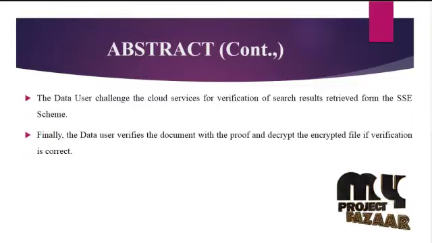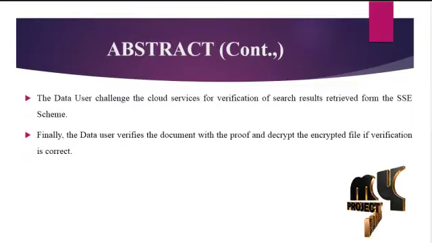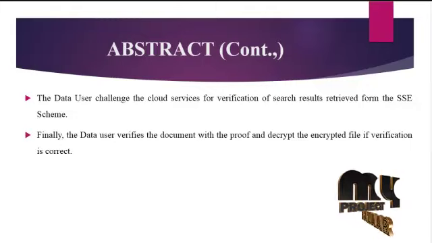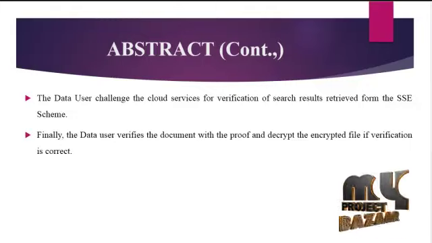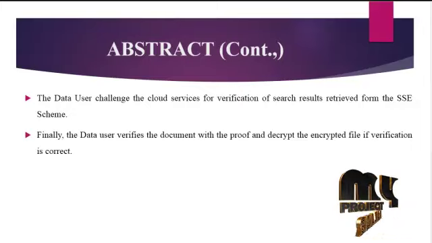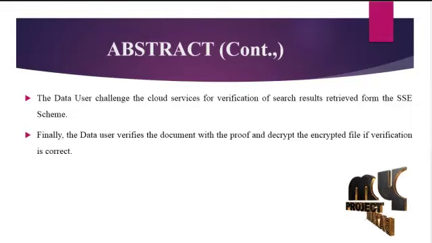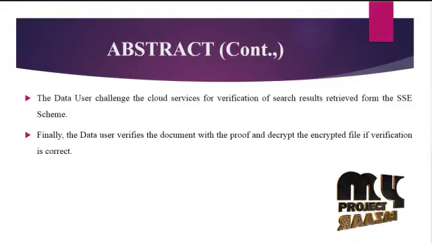The data user challenges the cloud services for verification of the search result retrieved from the SSE scheme. Finally, the data user verifies the document with the proof and decrypts the encrypted file if verification is correct. The data user has to download the document within a particular time limit, otherwise the request will get automatically closed.